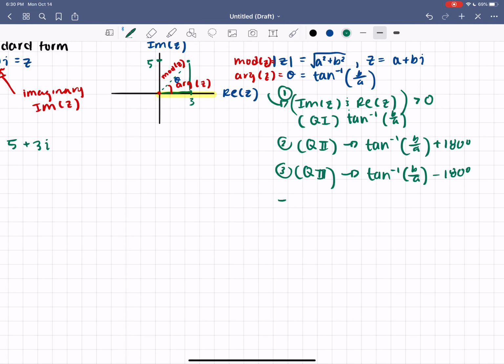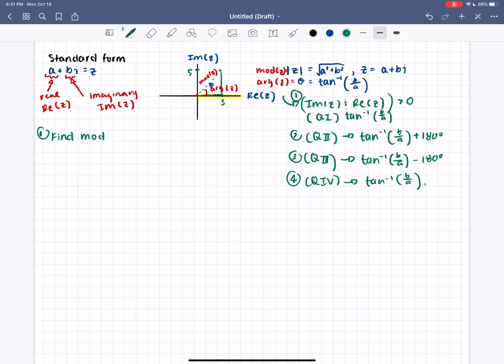So let's say our example here was: find the modulus and argument for 2 plus 3i.